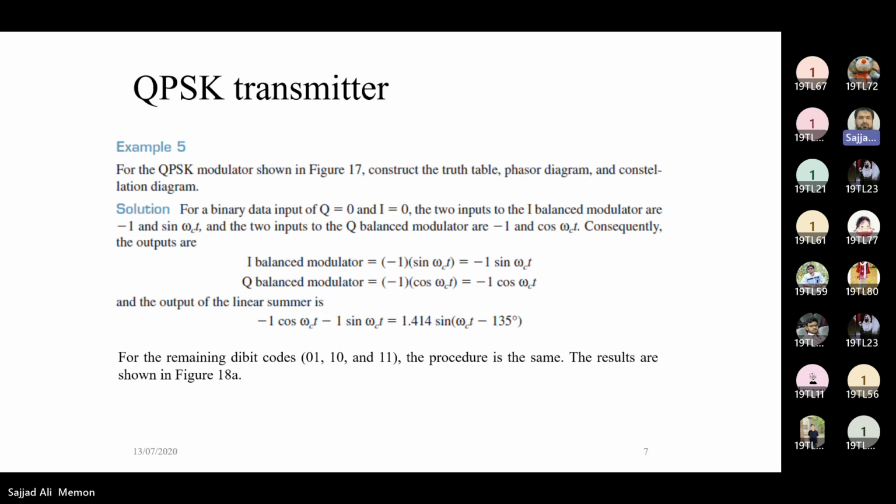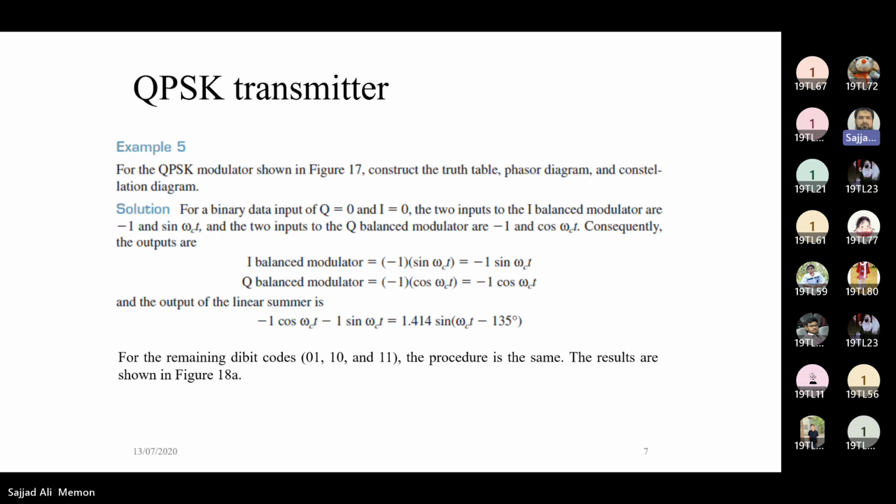The solution: for a binary data input where Q is equal to 0 as well as I is equal to 0, the two inputs of the balanced modulators are minus sine omega ct and minus cos omega ct. That is, the total output will be minus cos omega ct and minus sine omega ct.